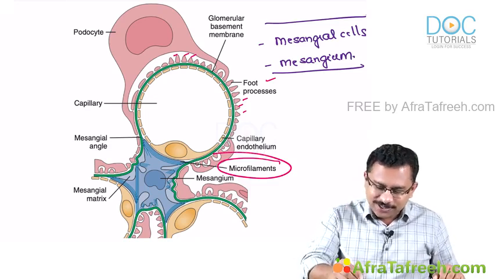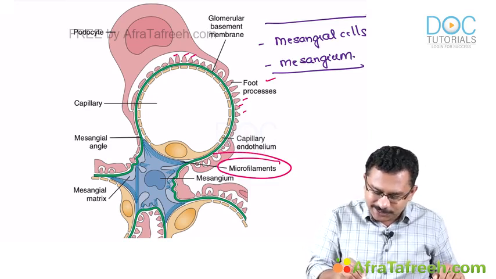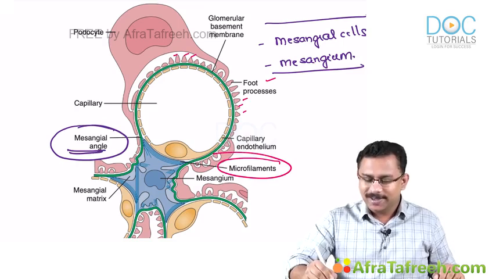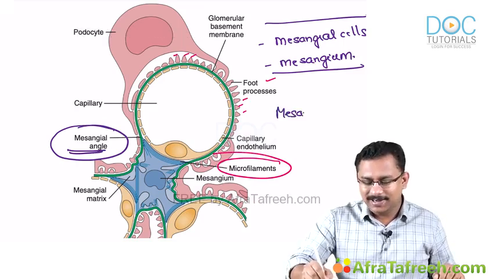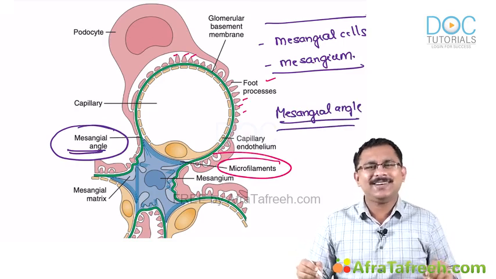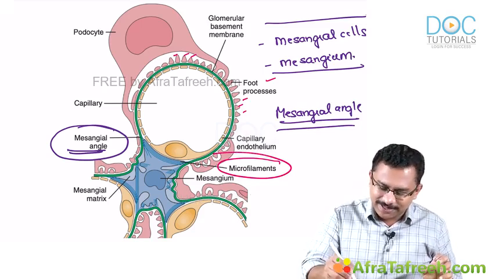First focus on the glomerular basement membrane. Are you able to see a term written here, mesangial angle? So what is this mesangial angle? It's just that you see your basement membrane in green.